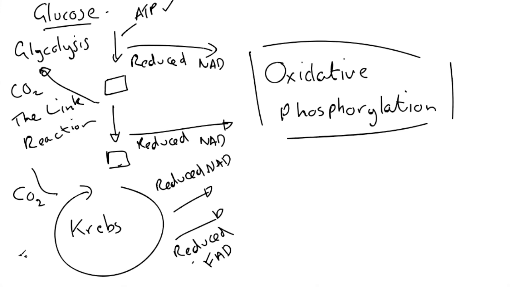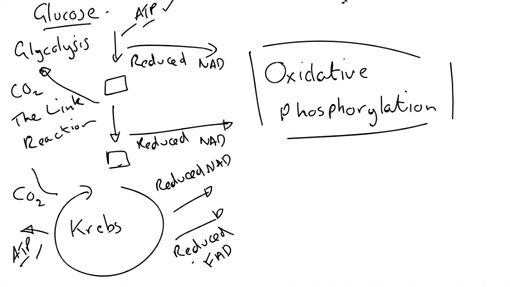Krebs cycle also makes a little bit of ATP, so that's good because that's what we're after. Ba-ding. Okay, so we've made a bit of ATP here, a bit of ATP there, but really the rest of all this has made these products which go over to oxidative phosphorylation.